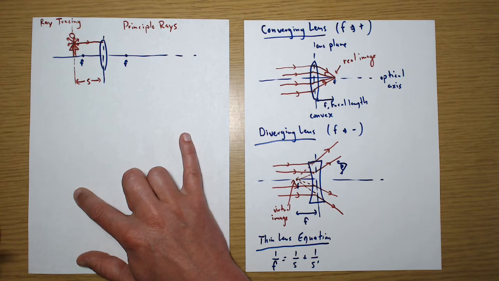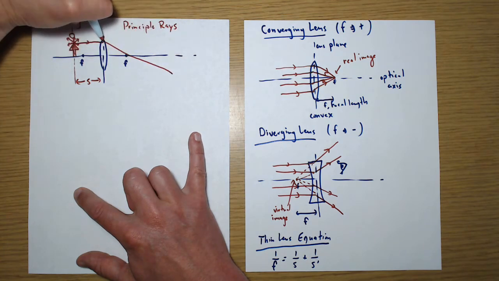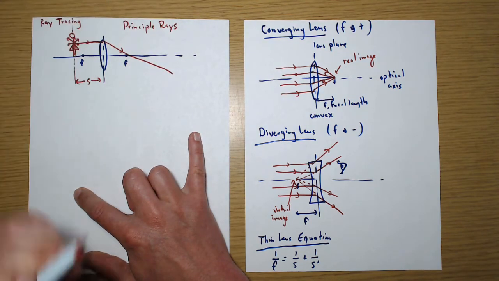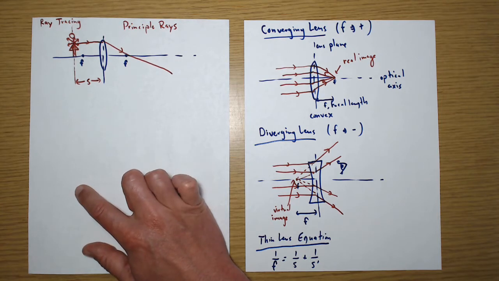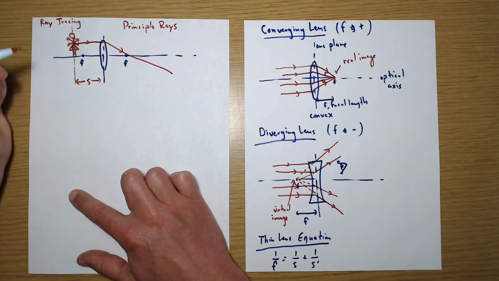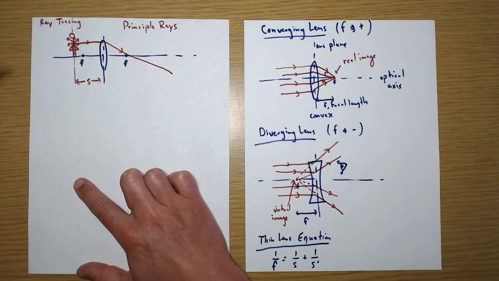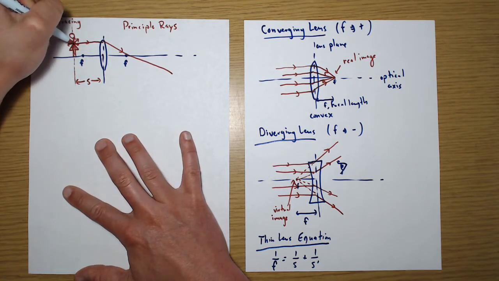when it encounters the lens, it's going to move through the focus point. That would be one of my principal rays. Another one of my principal rays would be the ray that goes directly through the center of the lens. Now, it turns out that this ray is not refracted at all in the thin lens approximation.